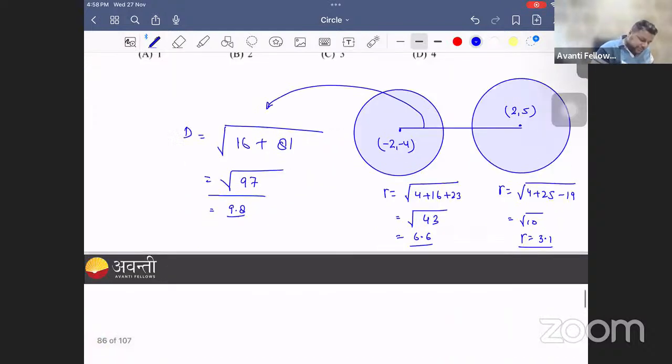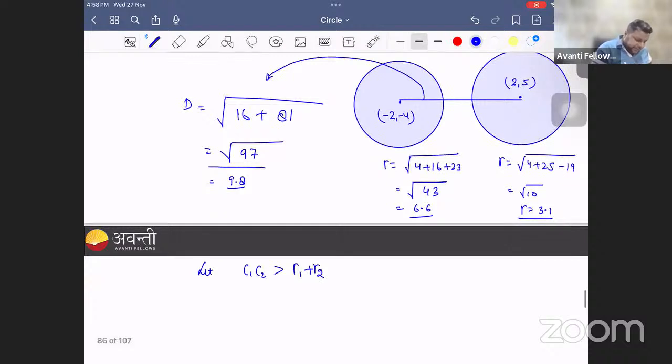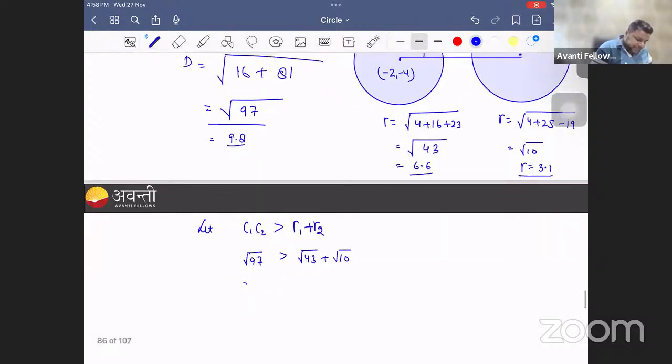So let us assume C1C2 is more than R1 plus R2. Let us see if we get it correct or not. Root 97 is greater than root 43 plus root 10. Let's square both sides. So 97 is greater than 43 plus 10 plus 2 under root of 430.